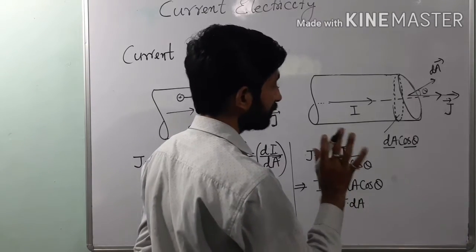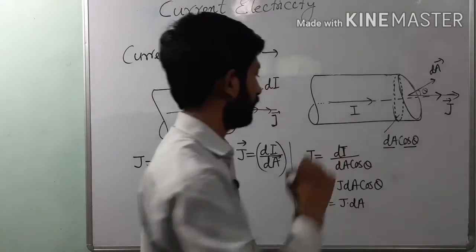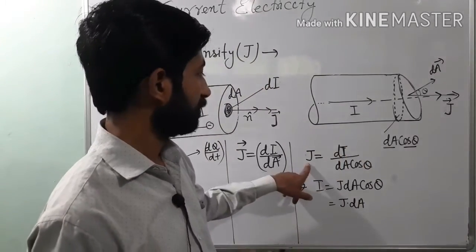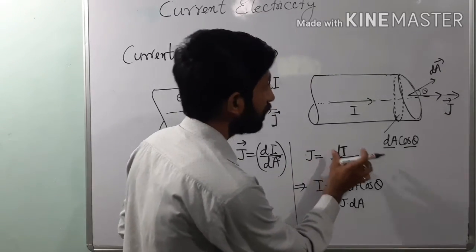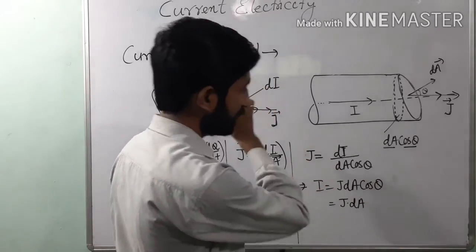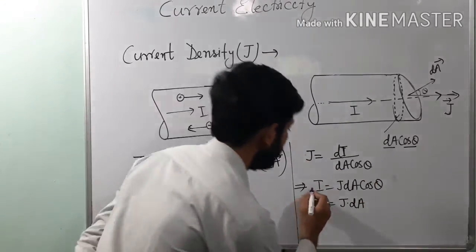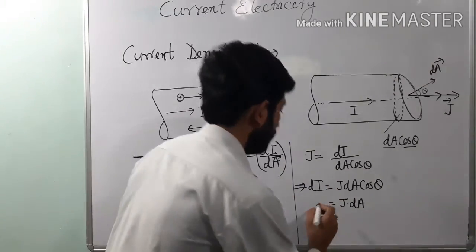If the current was very small, then again this is to be followed very strictly. If the current was small and the area was this much, dA cos theta, then current density was given by this. So we get dI is equal to this.